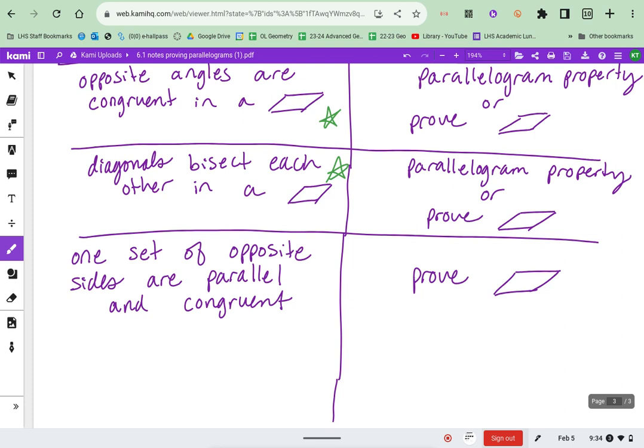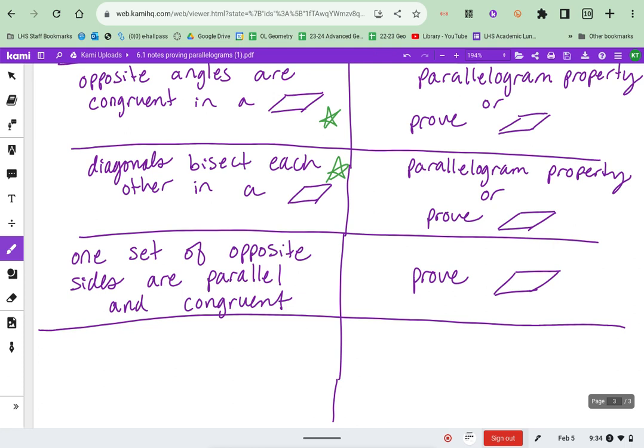Okay, and then let's see, two more. So you can use the properties, of course, also of a rectangle, rhombus, and square too. So let's say you're given a rectangle and you want to use the fact that opposite sides are congruent. Well, a rectangle is a parallelogram, so you can still just use that parallelogram property of opposite sides are congruent.